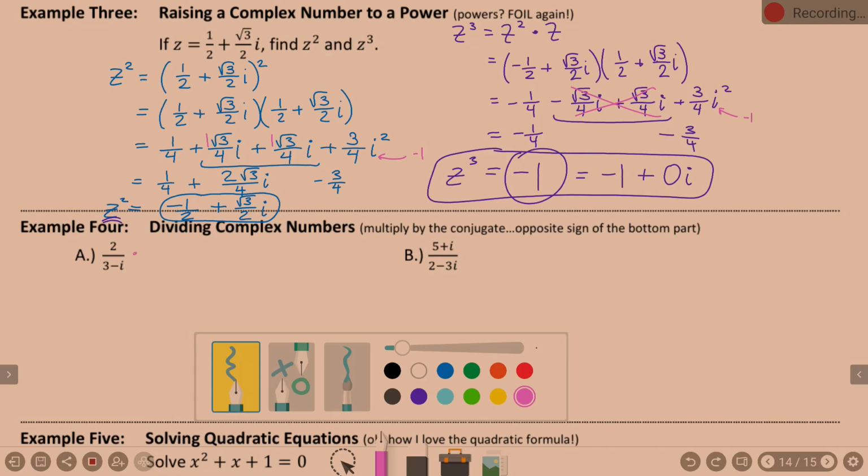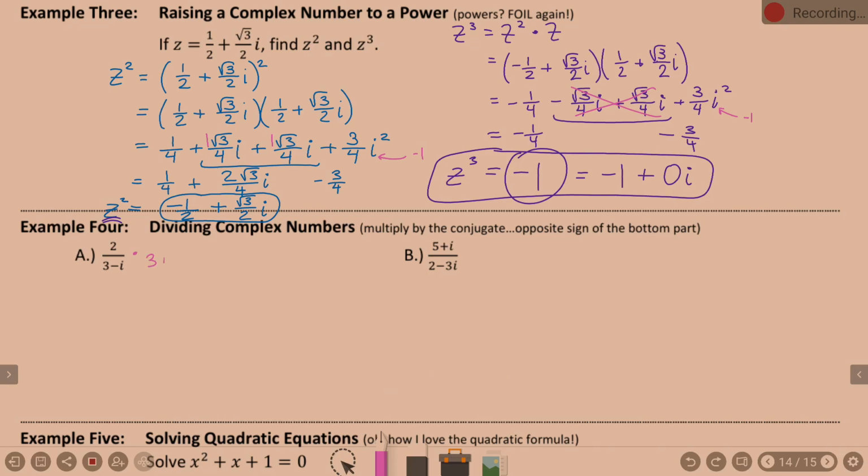The conjugate of 3 minus i is 3 plus i. What I do to the denominator, I do to the numerator. Okay? So, let's do some math. You'll like this better than what we just did because if nothing else, there's no fractions.